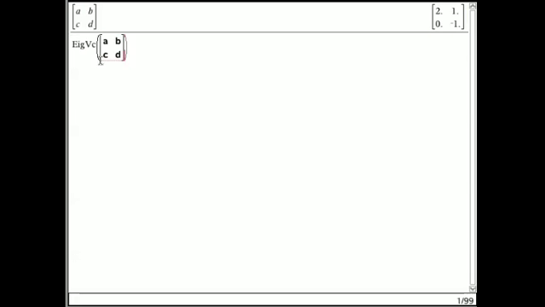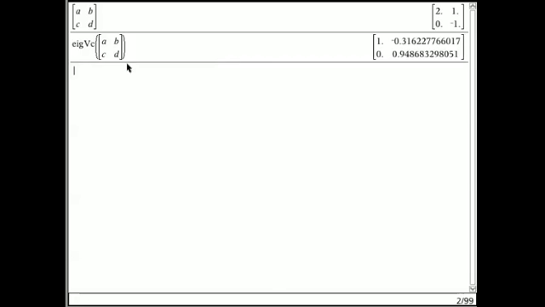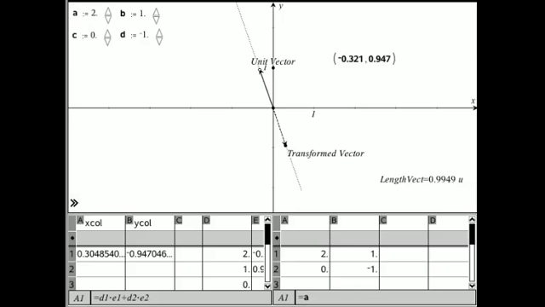This matrix is now tied to the matrix that's on the other page, indicated by the fact that these are bold-faced looking letters. And there are my eigenvectors, 1, 0, and negative 0.316 and 0.948, approximately the same as what I got over here.